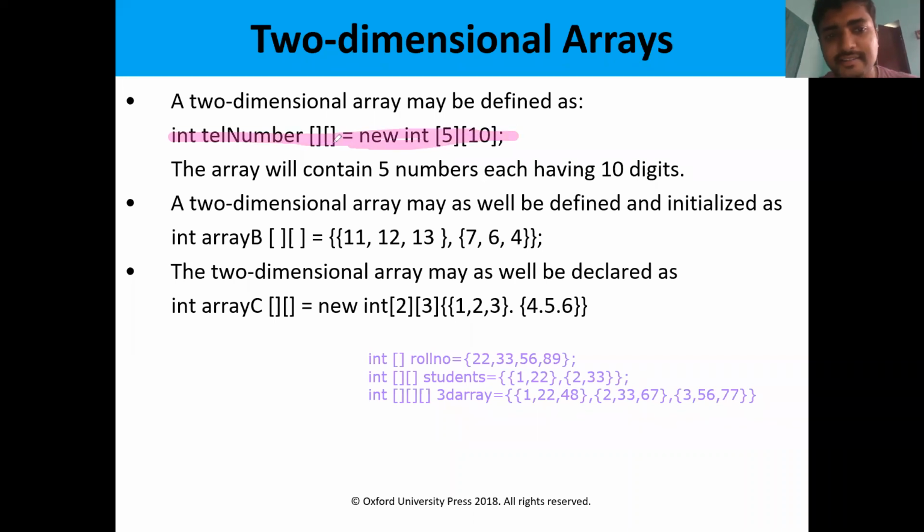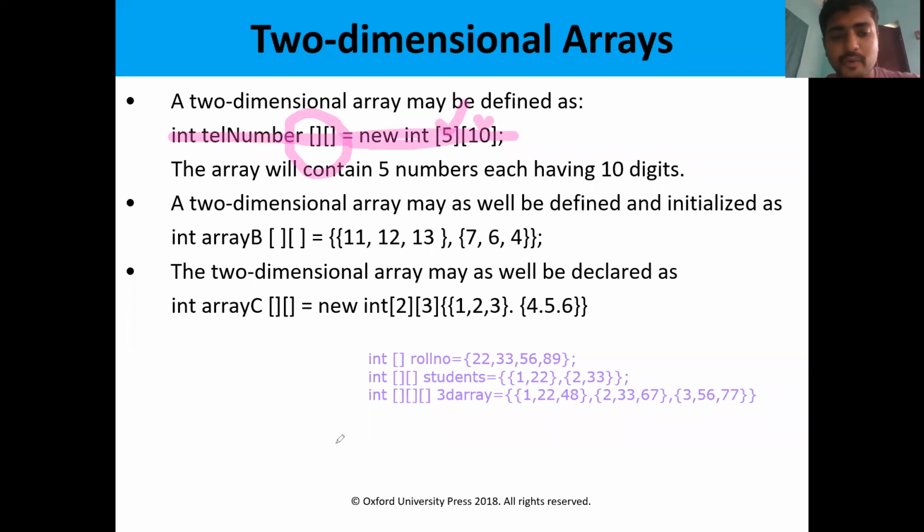He is just declaring it by using the new operator. Here he has given two indices. The first index value is 5, the second index value is 10.